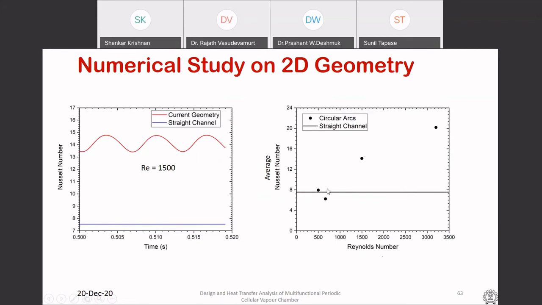And that's what is shown here as a function of Reynolds number and average Nusselt number: initially for low Reynolds numbers, it is the same as having a flat channel. However, as Reynolds number keeps increasing, you start to see very high performance improvement, and you get close to twice, even close to 2.5 times, the heat transfer improvement.